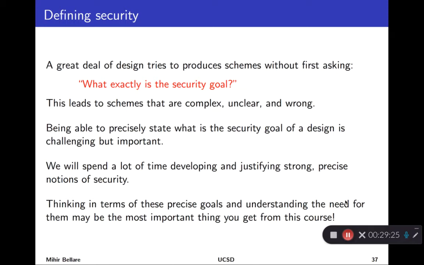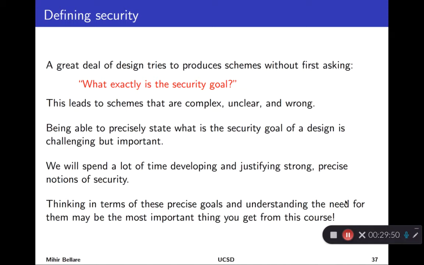And lack of asking and answering that question in a good way leads to schemes that are not good, often complex, unclear, and often even wrong. Yet that question is not an obvious one to ask, and historically it was some time before it was asked. Perhaps one reason is that the answer is not easy to give.